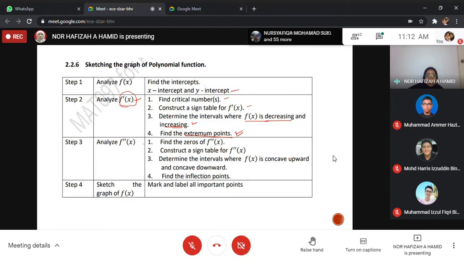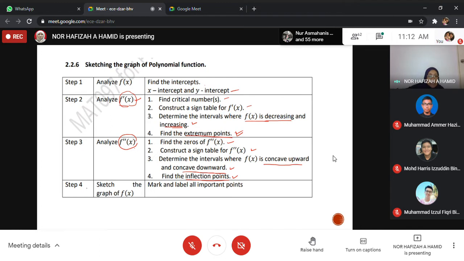To analyze f double prime, you need to find the zeros of f double prime and construct a table for f double prime. Next, you need to determine the intervals where f(x) is concave up and concave downward. So f double prime relates with concave upward and concave downward, and also with inflection points. So these two relate with f double prime.